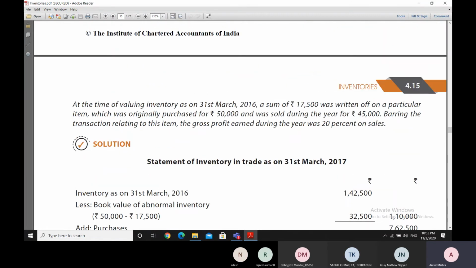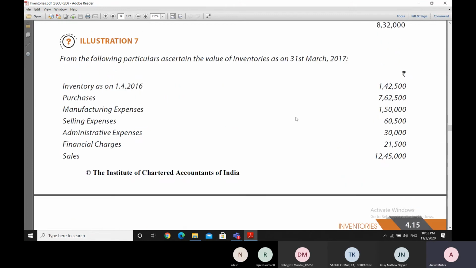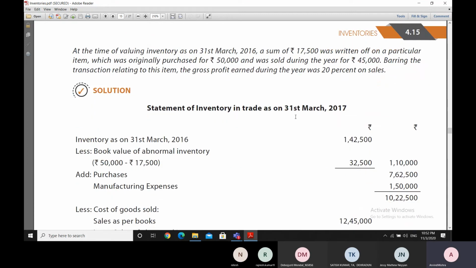We are completely eliminating this abnormal item here, because it is better to first take out the abnormal items. Otherwise, we won't be able to compute the value of the inventory properly.